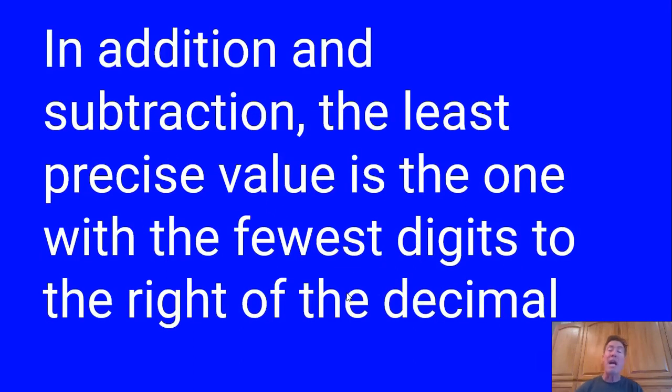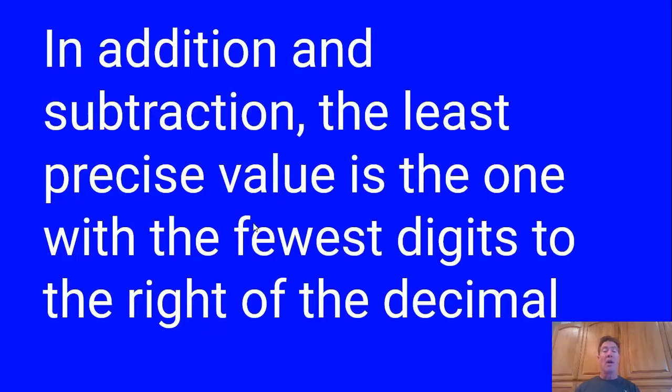In addition and subtraction, note, the rules for adding and subtracting sig-figs are different from the rules for multiplying and dividing. In adding and subtracting, the least precise value is the one with the fewest digits to the right of the decimal.